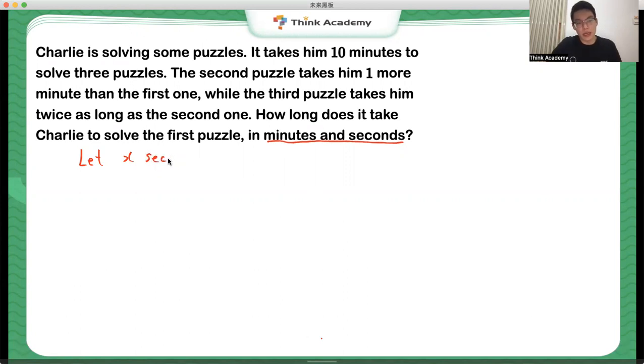So let's convert everything into seconds. All right, so let x seconds be the time we need for the first puzzle.